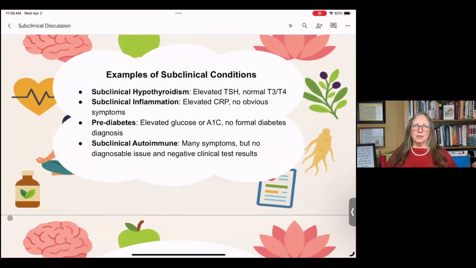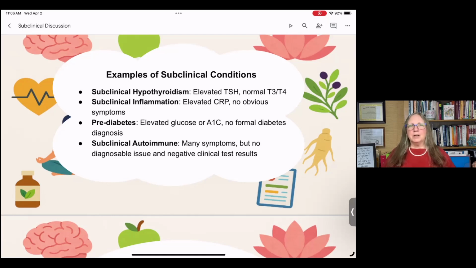So, some examples of subclinical conditions. And I'm going to add that these examples show that you don't necessarily have to be in crisis to be out of balance. There are lab markers that doctors can do, and then there are labs that we can do as well that are more on the holistic side.